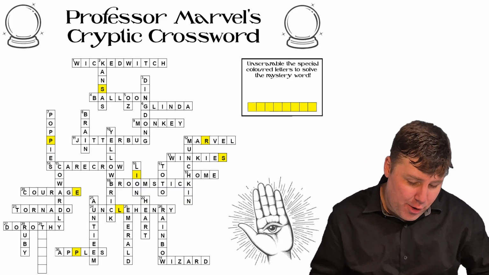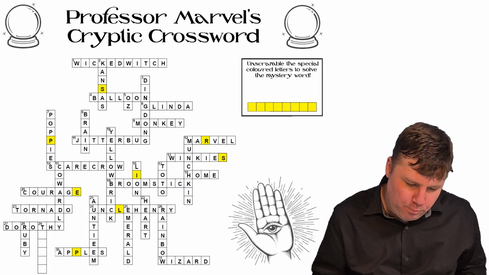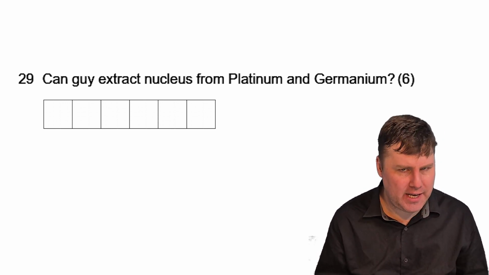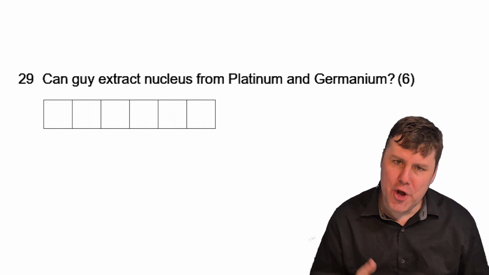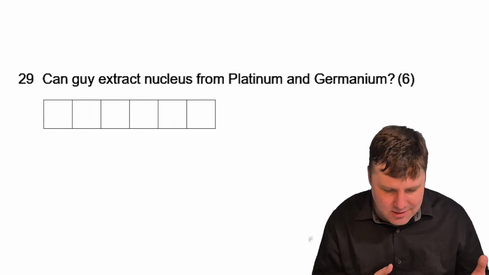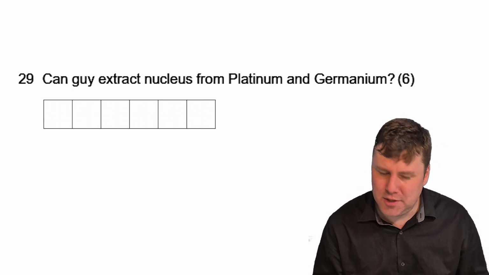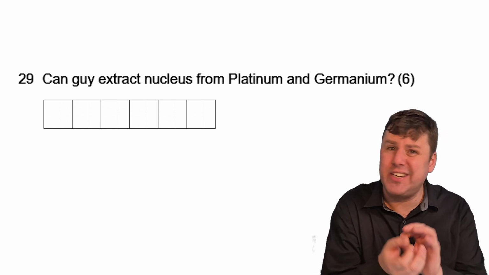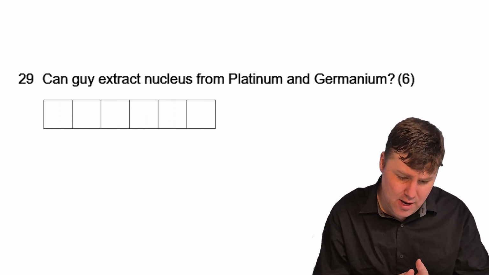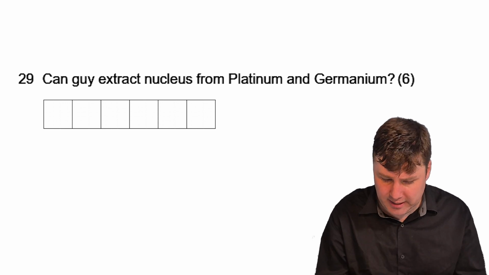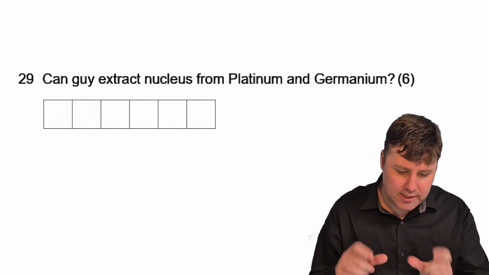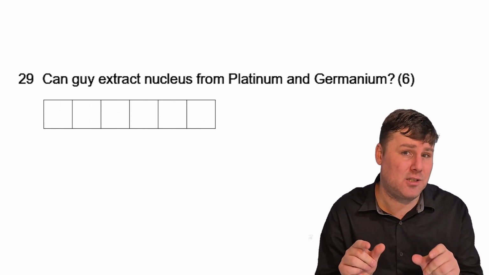Alrighty, let's bring it home with 29 down. Can Guy extract nucleus from platinum and germanium? Alright, this is a bit of a nerdy clue. We've got a 6-letter answer, so still a bit of work to do with this one. What's extracting the nucleus? The nucleus is the very center of something, isn't it? So if we're extracting the nucleus from platinum and germanium, we're going to take out the central parts of those words.